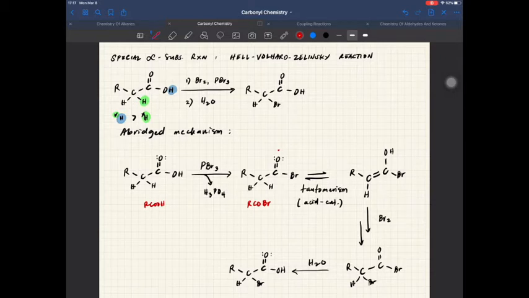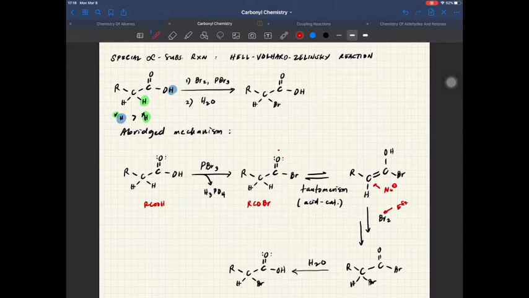Now the acid bromide can undergo a tautomerism reaction, which converts the alpha carbon into a strong nucleophile. This strong nucleophile will attack a weak electrophile, and the electrophile will now be attached to our alpha carbon, successfully substituting the alpha carbon.